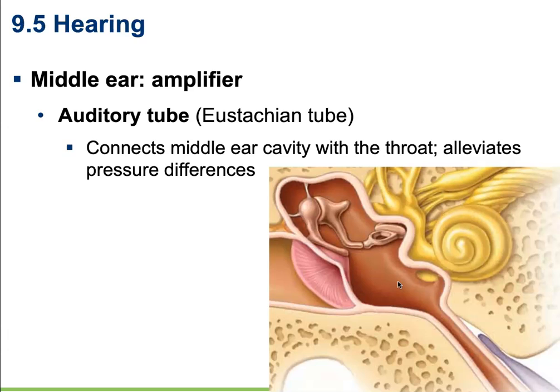Chewing actually allows the bones found right in this region to open and close, and it may help open up or relax that auditory tube and allow air to move from your mouth up into your middle ear and help regulate that pressure. You can also try yawning. One thing that I have found most effective is actually to massage.